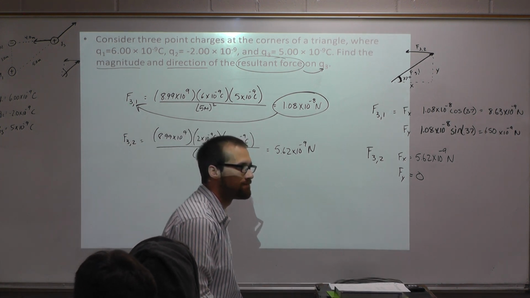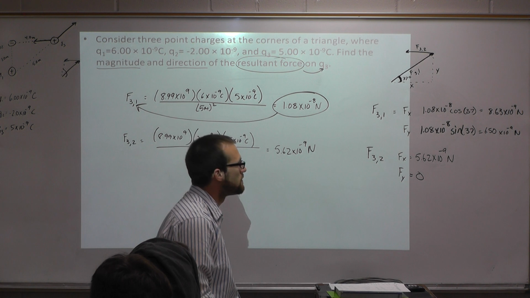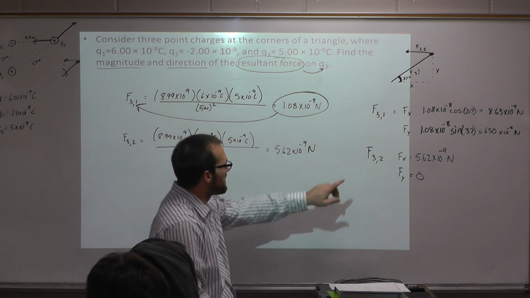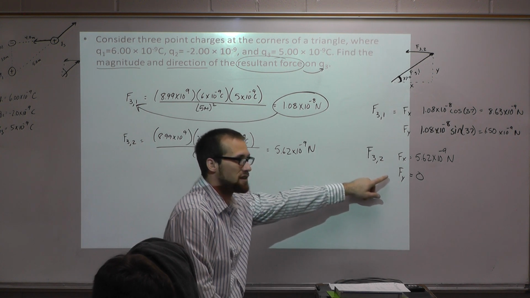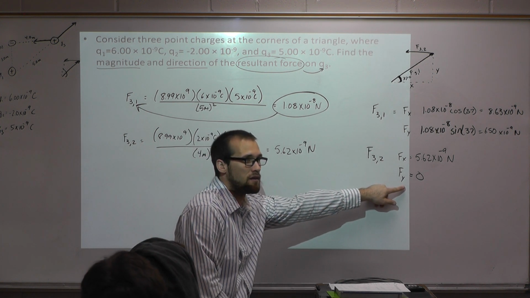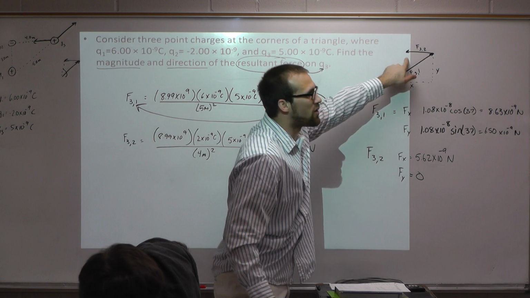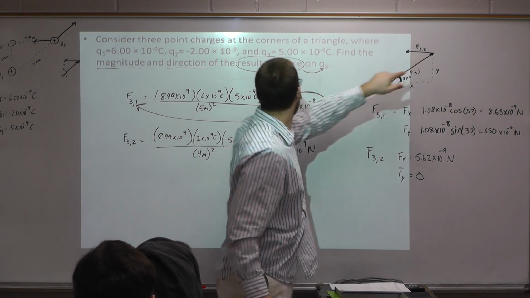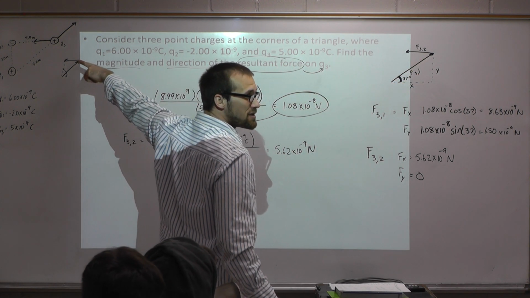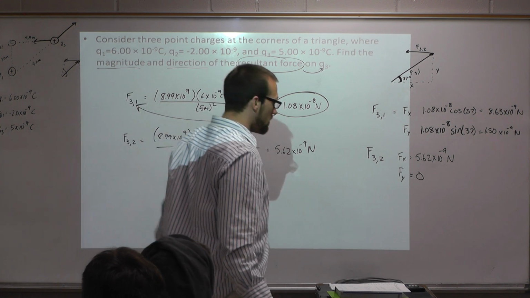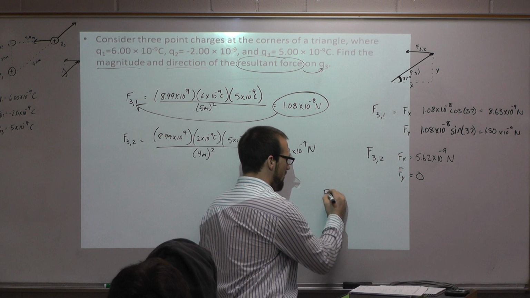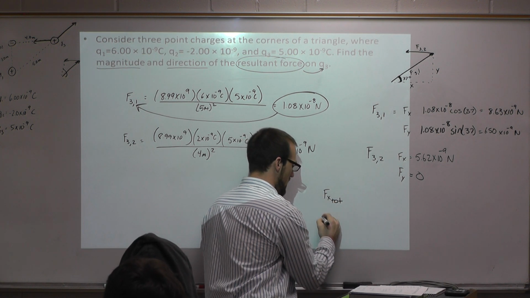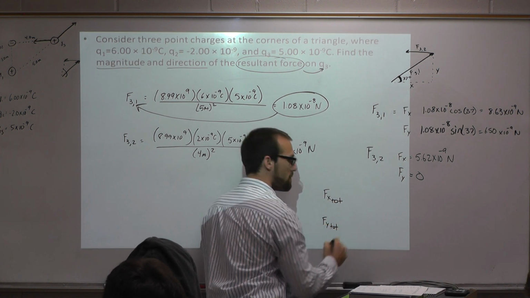Everybody understand why this vector was all x and I didn't have to resolve it? Because there was no y component. This is straight horizontal. Now I didn't draw it very well, but over here you can see that that's straight horizontal. So it's already on the x-axis. Now what I need is an Fx total and an Fy total.